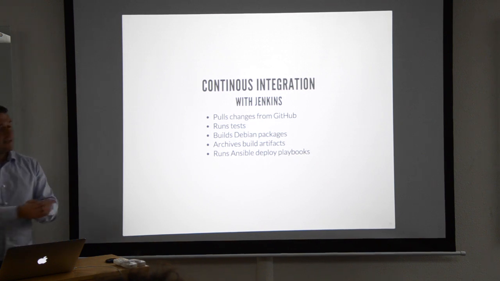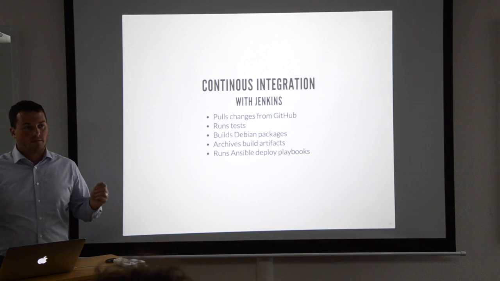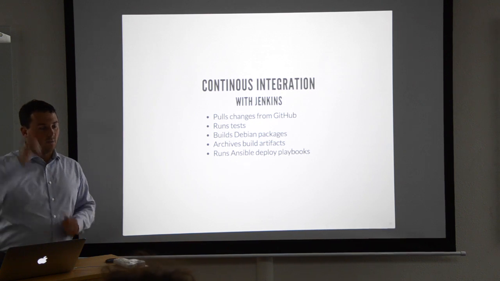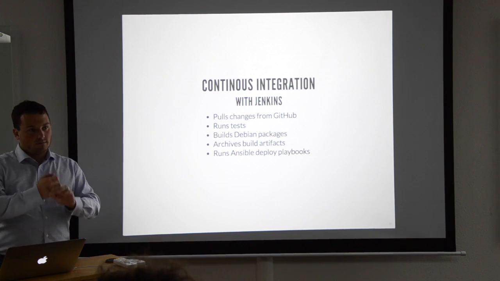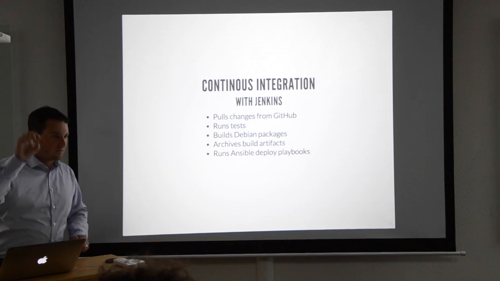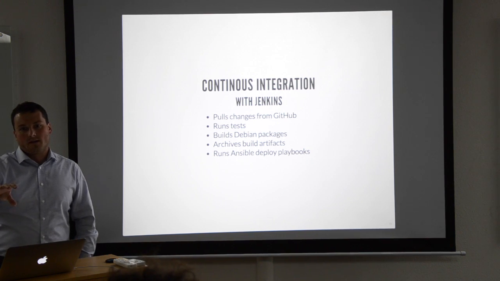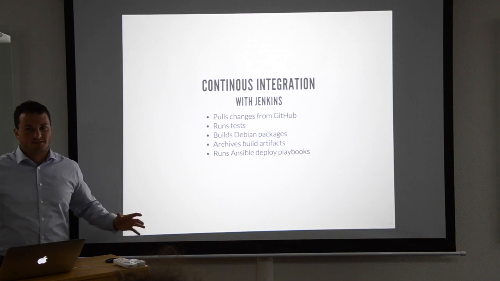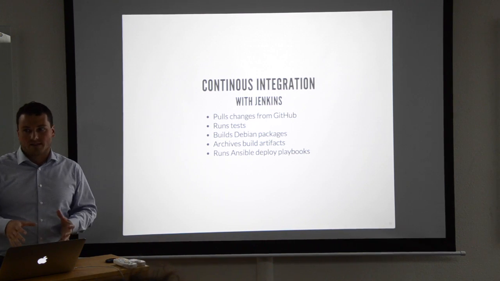What's great about that is we can then ship that Debian package around to any one of our VMs and install it, and we know it's going to work. We don't rely on npm at deployment time as to whether or not that box is going to come up. And that's really important because I don't trust any other service. I don't even trust our own services. Things go down. That's the nature of the beast.